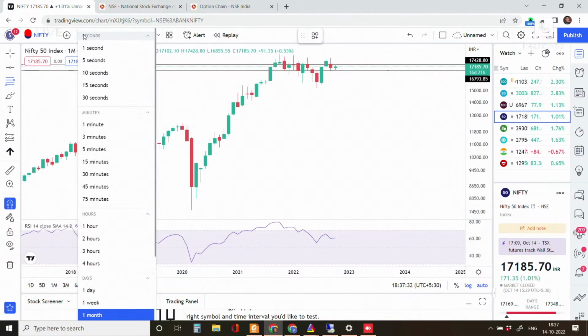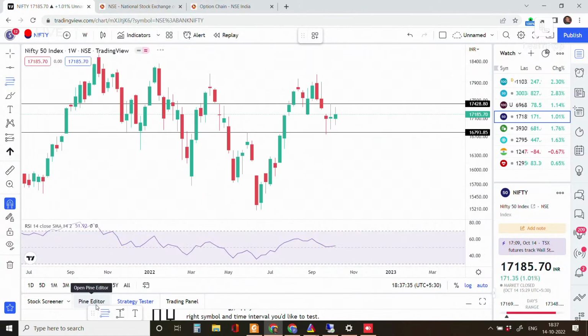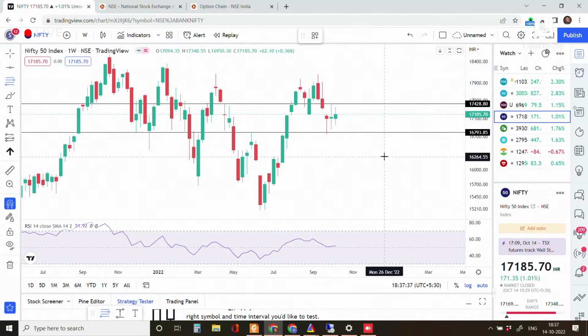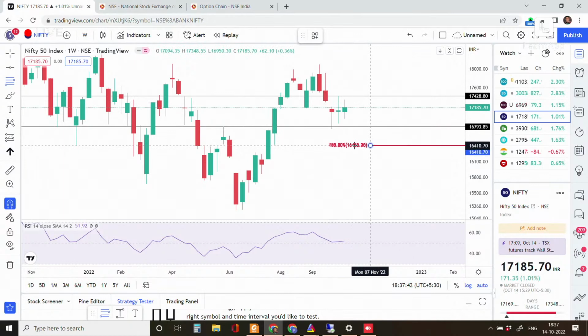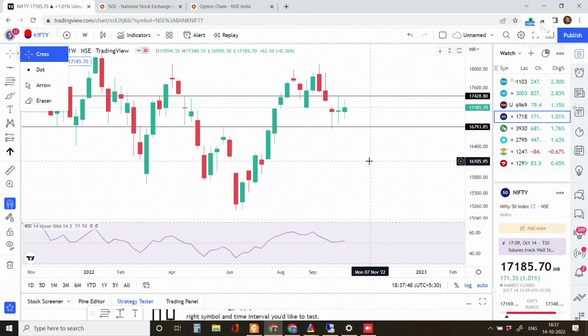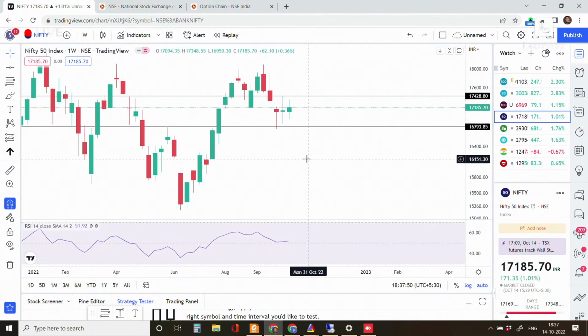Let's come down to the weekly charts. On the weekly charts, there are two things which we need to focus on. The supports are being held. That's one thing. We had discussed that 17,000 and 17,200 are very important levels from the derivative point of view. From a technical point of view too, these are very important levels to look for. Now this candle gave a rejection at 16,700, 800 levels.